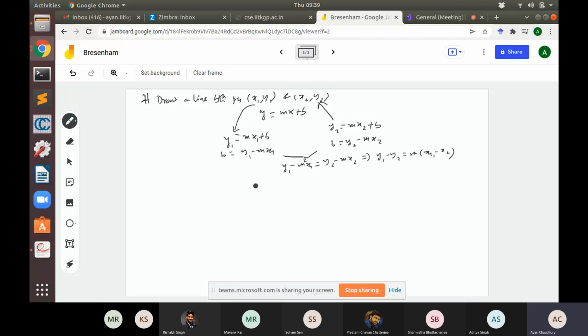If we call these delta y and delta x, then delta y is equal to m delta x. So this is my formula. If we try to draw a line between 2 points, we can write this.